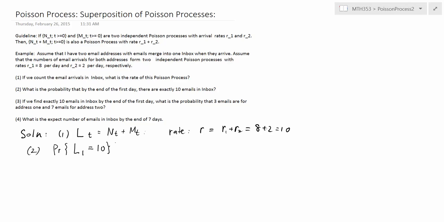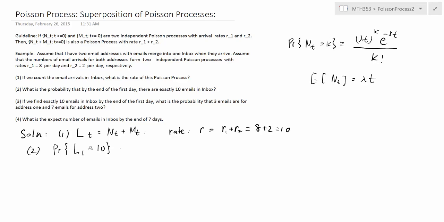Now, according to the formula, let's try to recover the formula over here. The probability that a Poisson process N(t) is equal to k is equal to (lambda t), and that's actually the mean of N(t), to the power k, times e to the negative lambda t, over k factorial. And we know that the expected value of N(t) is simply lambda t, and lambda is the arrival rate.